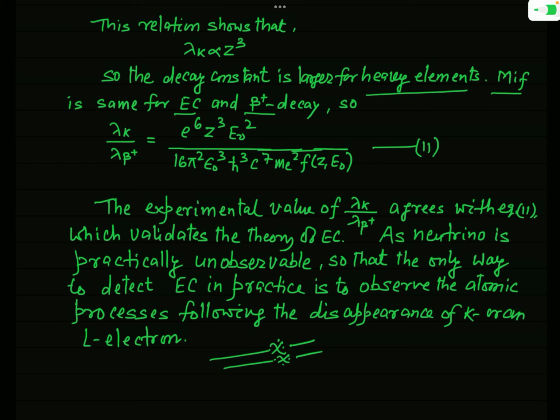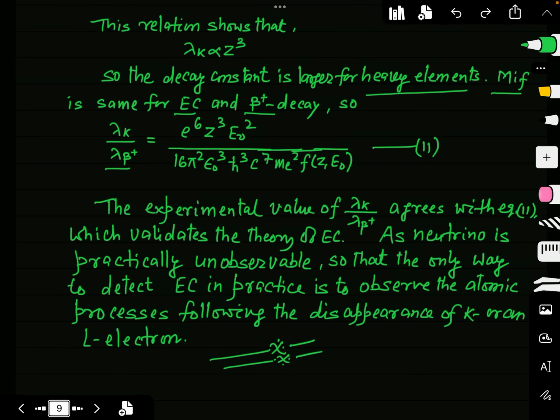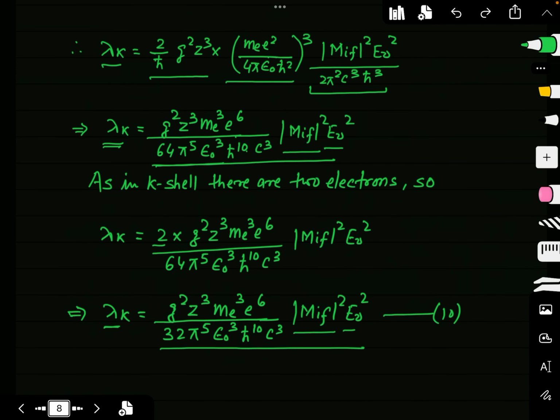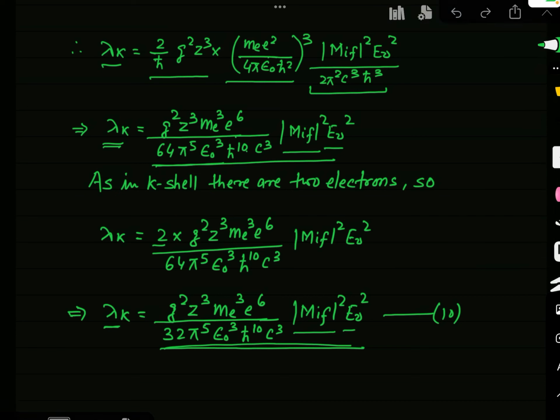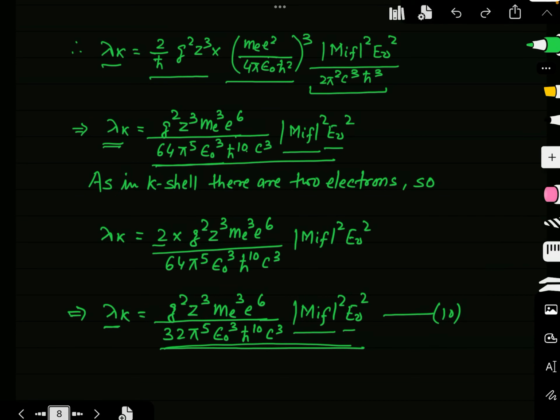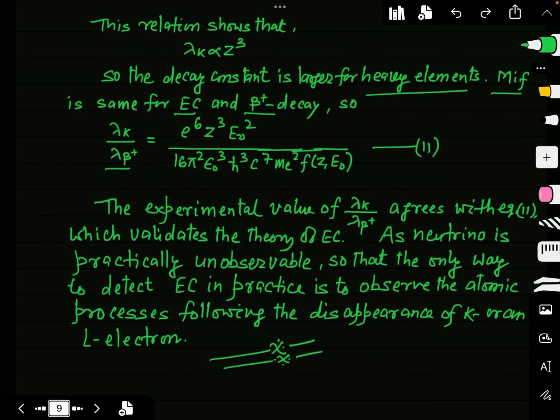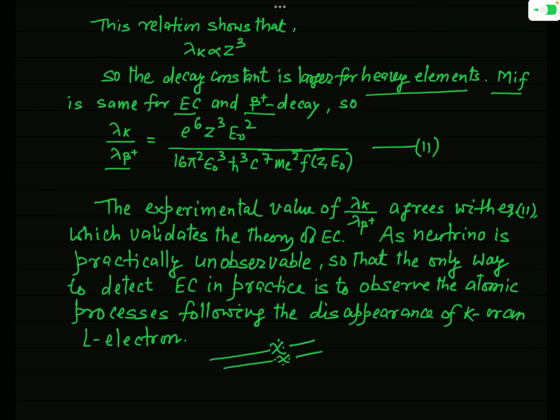Okay, so if you calculate the ratio of lambda k and lambda beta plus, lambda k is already defined here in equation 10, and lambda beta plus we have studied earlier. When you substitute the values of lambda k and lambda beta plus, you will get this result.